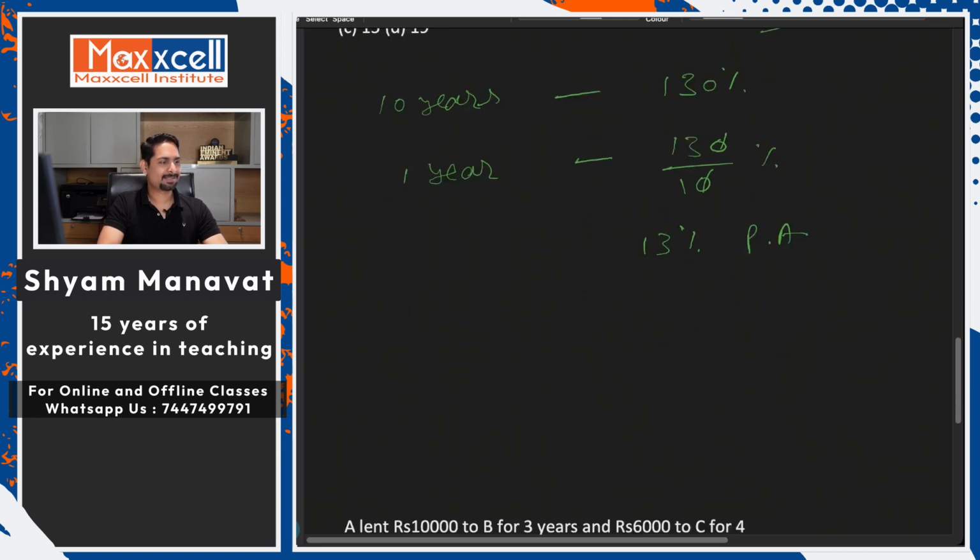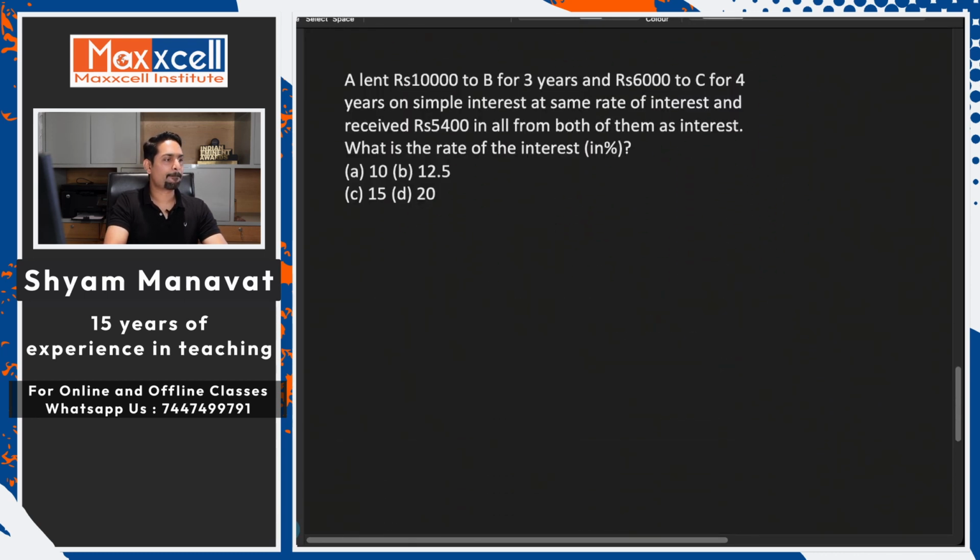Okay. Next question. Here it says A lent rupees 10,000 to B for 3 years and 6,000 to C for 4 years on simple interest at the same rate of interest, and received rupees 5,400 in all, combining both of them. What is the rate of interest?